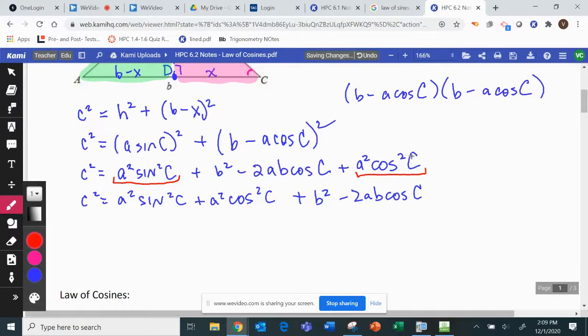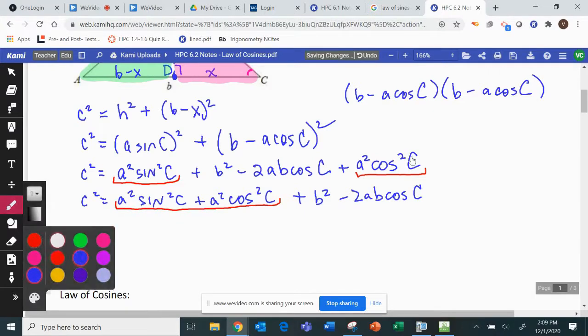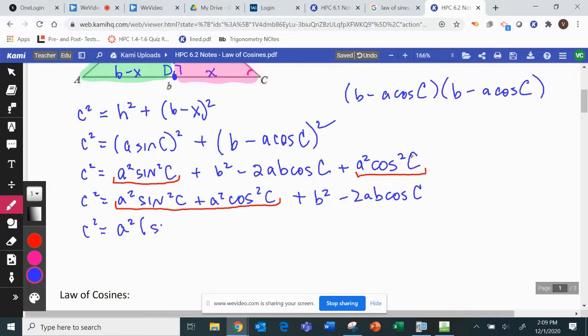And the reason why I wrote those next to each other is because if I factor out a squared from just those two terms, I get sine squared C plus cosine squared C.